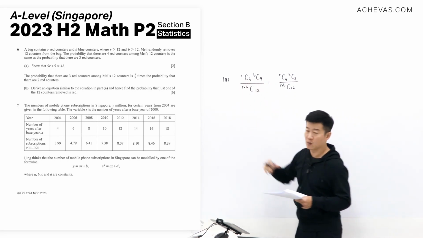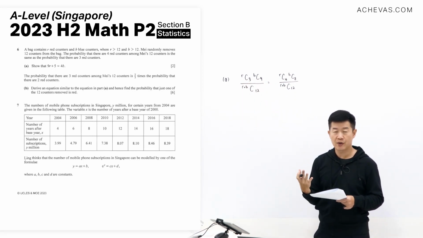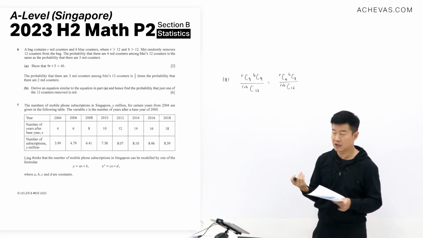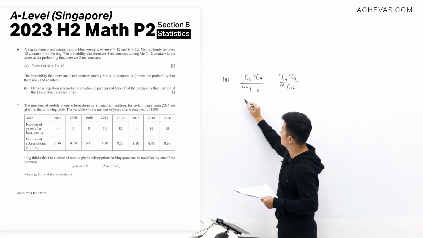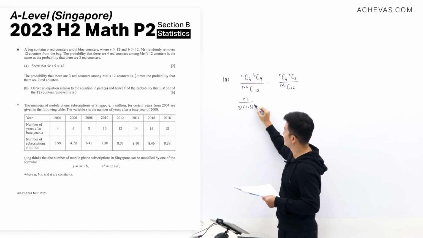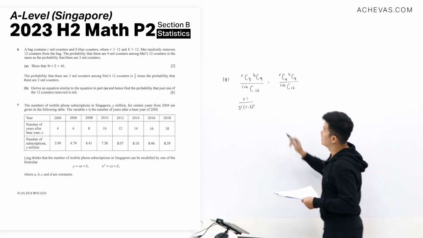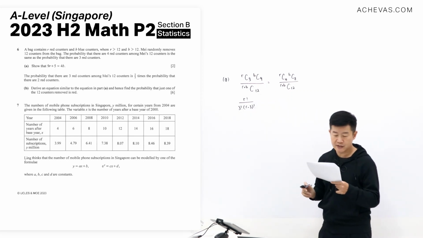It will give us a way to rewrite R choose 3 in terms of all the factorial notations. R choose 3 will be R factorial divided by 3 factorial multiplied by R minus 3 factorial. The same goes for B choose 9.